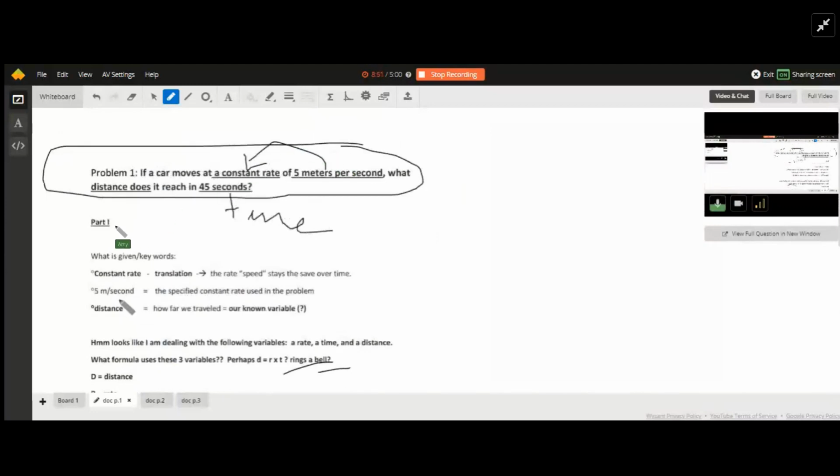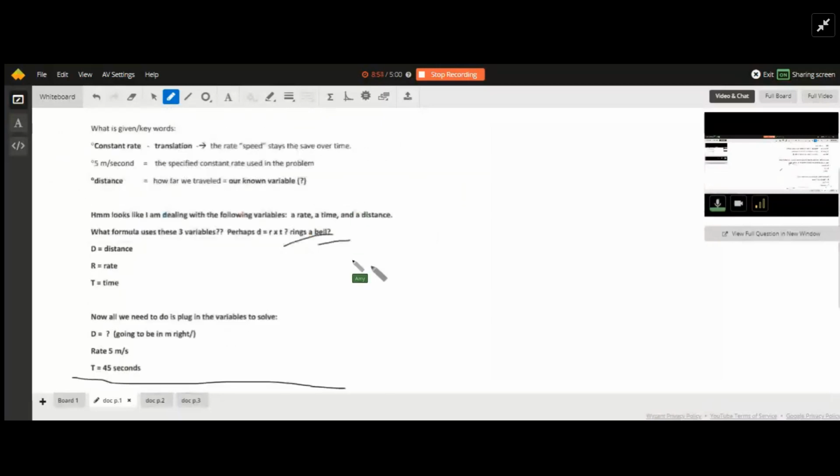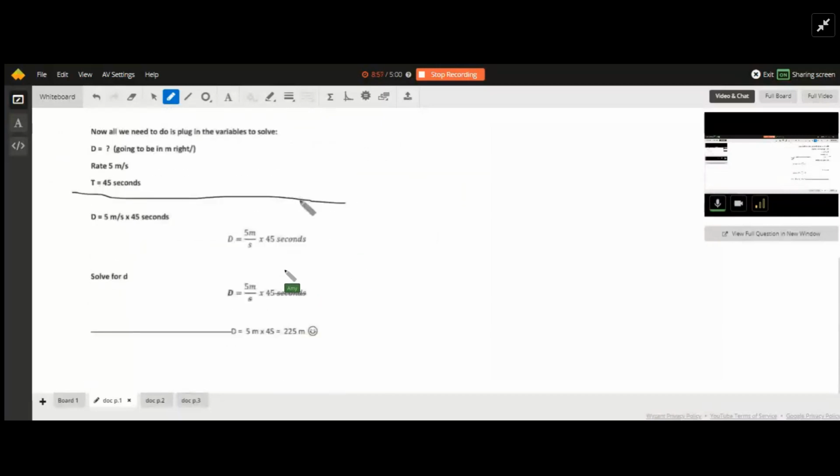Just make sure I got the right thing. Meters. Meters is our unit. Okay. Just make sure you get that right. Our distance is in meters. Let's see here. I'm going to write this right there because that's kind of confusing. I don't want to mislead you. But our rate is in meters per second, and our distance is going to be in meters, right?